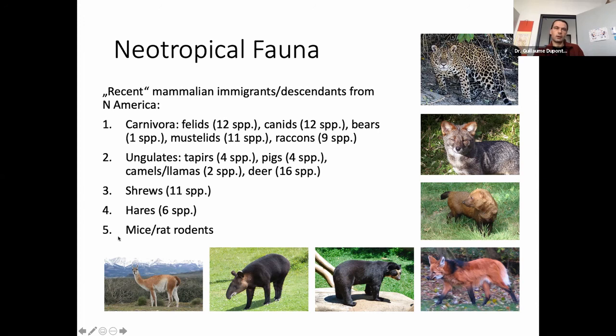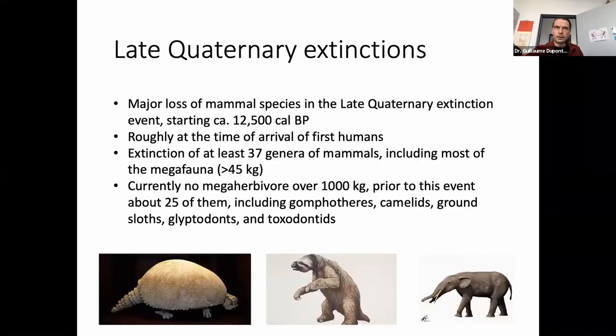Any idea what the ancestors of the llama were? It were the camels. They went extinct also, so they're related to the camels, and they were camel species in North America which went extinct 10,000 years ago. Okay. The last slide, I'm just mentioning that there was a mass extinction event at the late Quaternary, which is related to the arrival of humans in both North and South America.